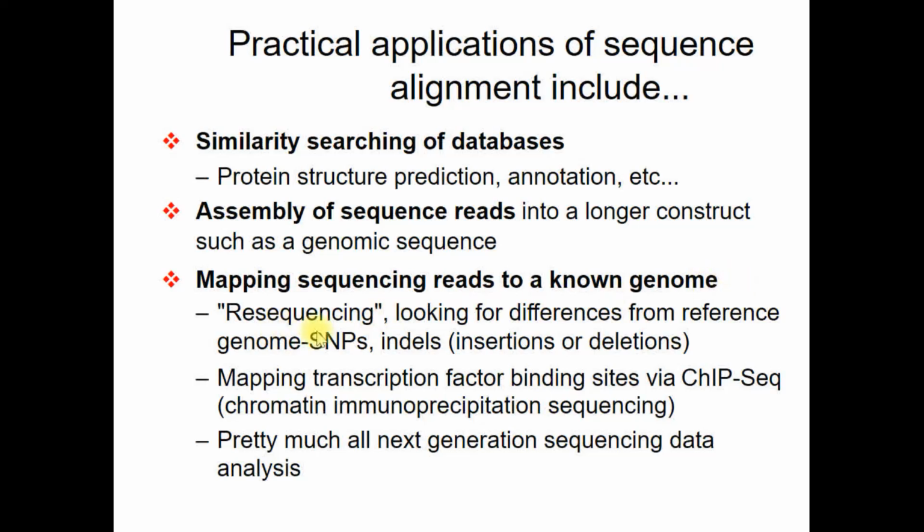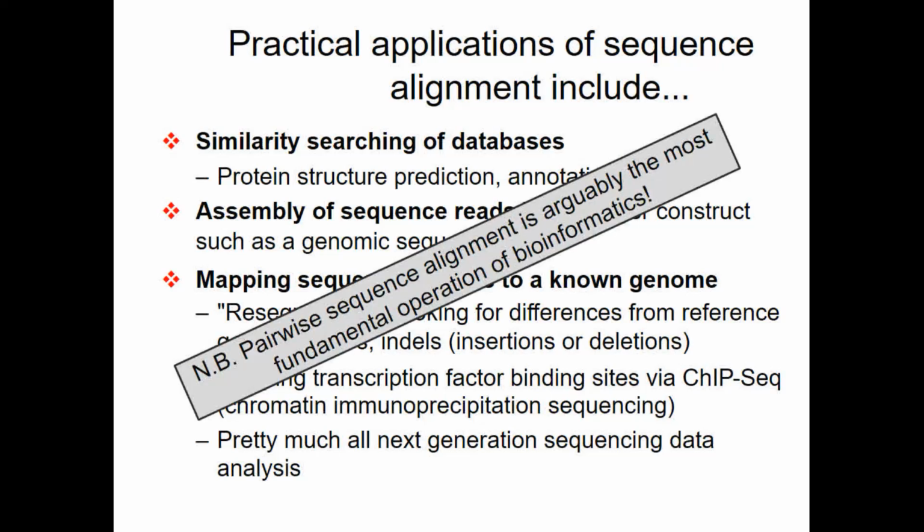For example, resequencing to look for SNPs, indels, and large structural variants, mapping transcription factor binding sites, or for transcriptome study, looking for fusion genes or splicing sites. So pretty much all next-generation sequencing data analysis uses sequence alignment, and we can say that pairwise sequence alignment is the most fundamental operation of bioinformatics.